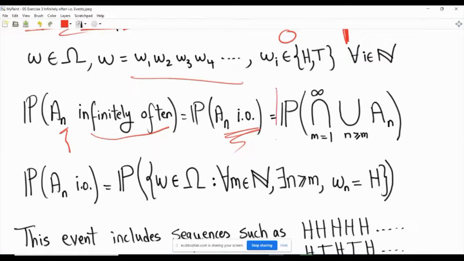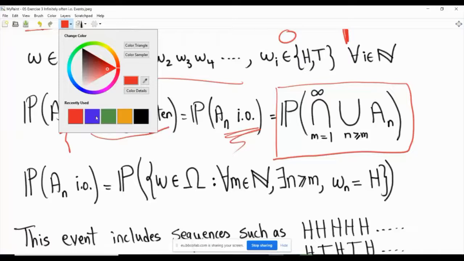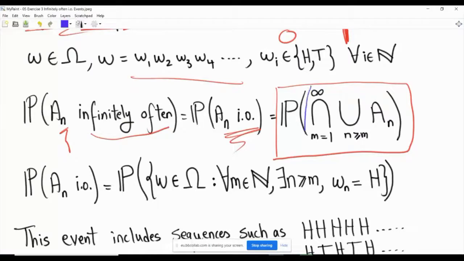It is expressed as such. It may look scary to you, but this is the event we are talking about. When I say A_n infinitely often, I am talking about the intersection over m a natural number, of the union over n greater than or equal to m, of A_n. What does this mean?